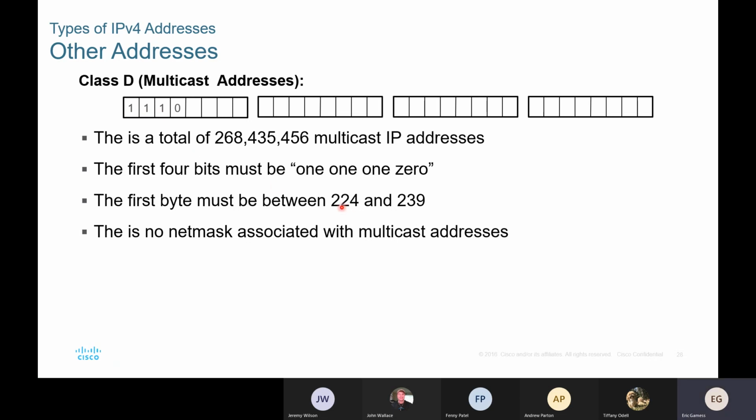What will be the maximum value? I have to fill these 4 free bits with 1. So 128 plus 64 plus 32 plus 8 plus 4 plus 2 plus 1 will be 239. Okay? So if the first byte is between 224 and 239, it will be a multicast address.